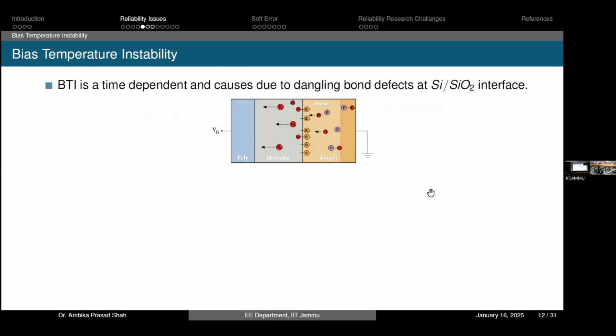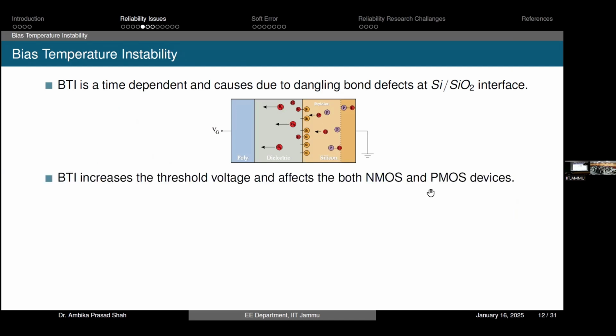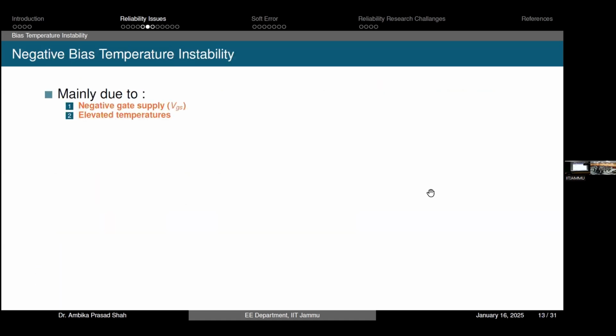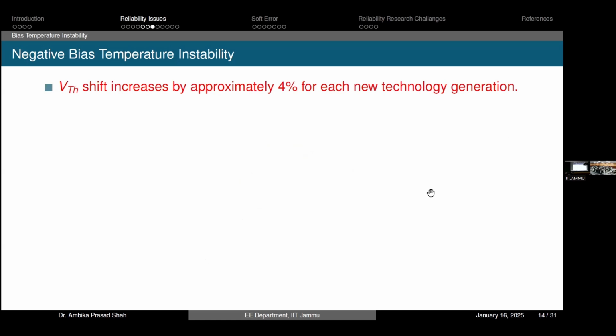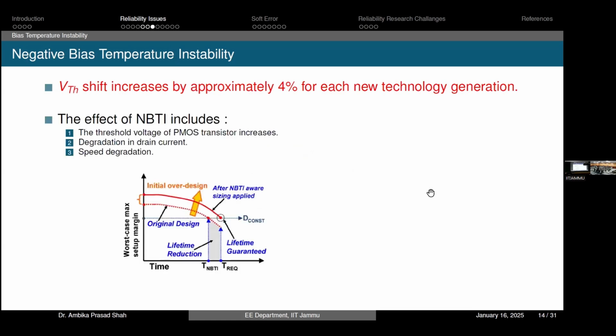But let me give you the brief idea. Let me recall what these BTIs are. Generally, they are one kind of temporal degradation, and because of that there are some impacts, like degradation in the drain current, delay, and the threshold voltages.